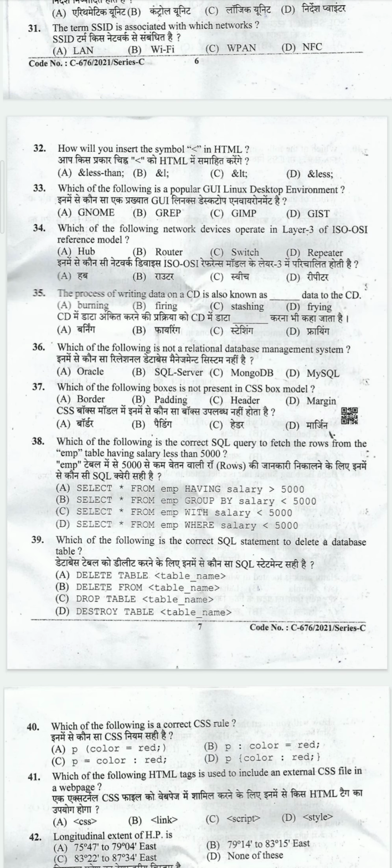Which of the following is the correct SQL query to fetch the rows from the EMP, that is the short form for employee, table having salary less than 5,000? The option to this question is D. Question 39. Which of the following is the correct SQL statement to delete a database table? The answer to this question is option C. Drop table, table name.